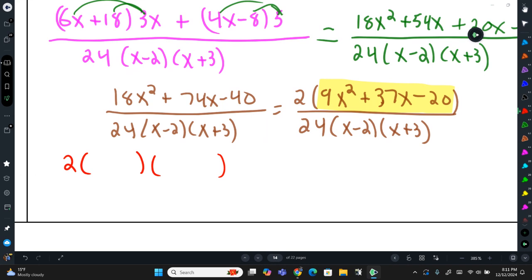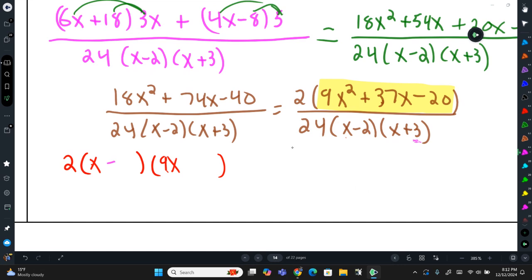So I can do 9x and x, or 3x and 3x, but notice what I have done here: I have x and x. So if this one's x, this one's got to be 9x. And then to multiply to get negative 20, I can't use 3.